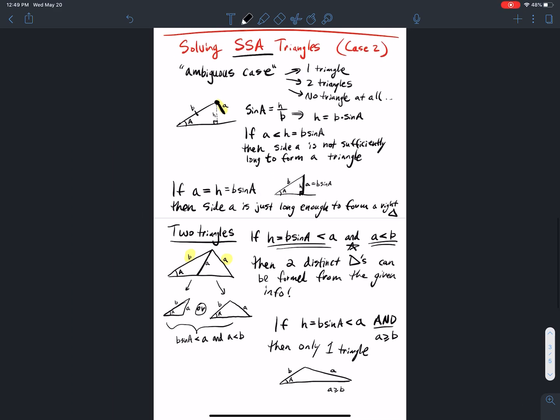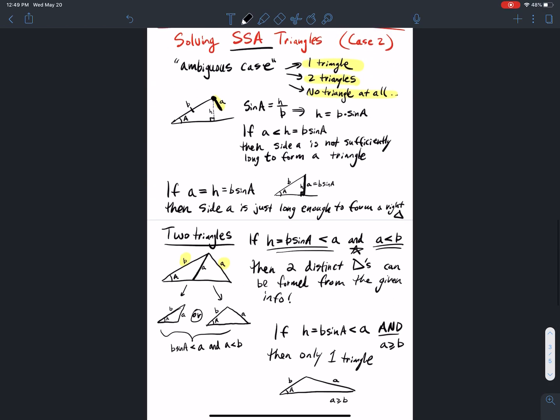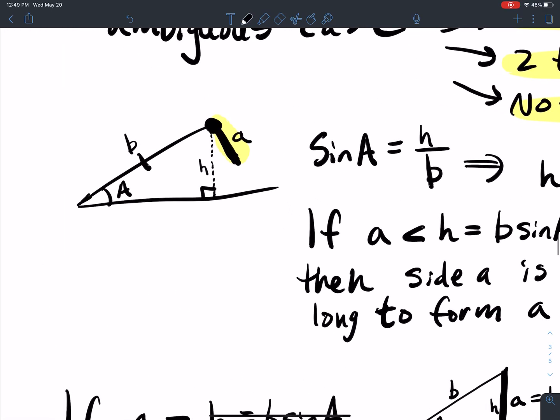So it's ambiguous because we don't know if there's one triangle, two triangles, or no triangles at all until we start checking. Okay, so it all hinges on this factor here.